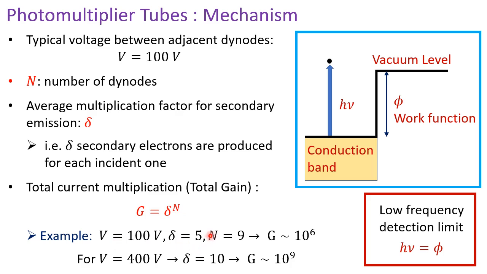So as an example, I already told you about this. Imagine that my voltage was 400 volts, then you see the delta happens to be about 10. That would mean that 10 to the power of 9 is already, you get a billion times more electrons than you released at the first level.